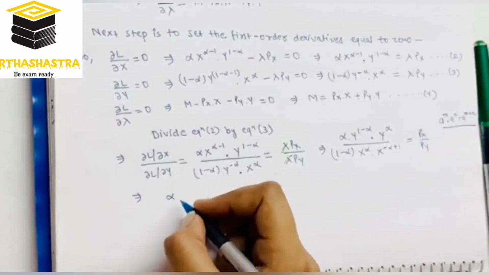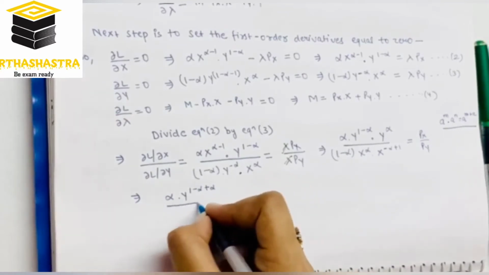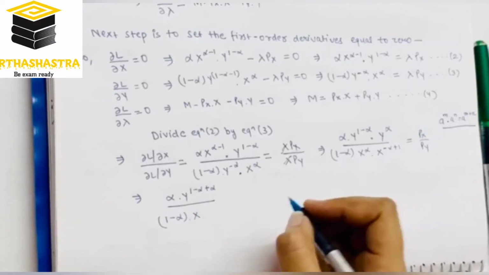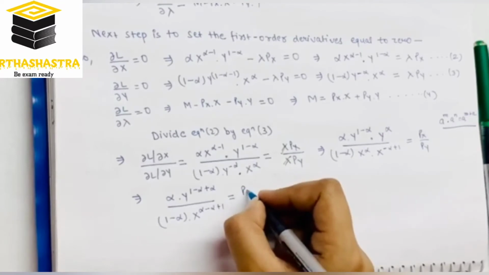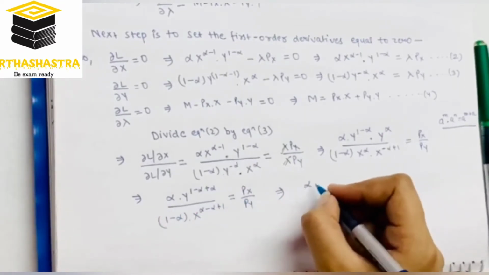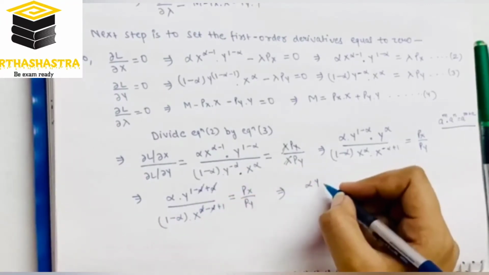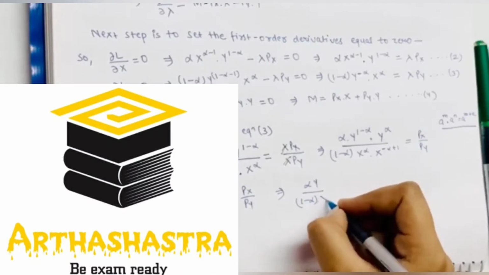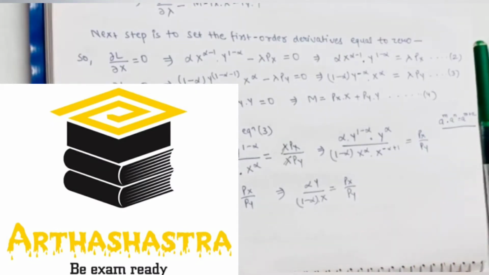We have alpha times y over 1 minus alpha times x raised to the power alpha minus alpha plus 1 equals to px over py. On adding, alpha cancels out, so alpha y over 1 minus alpha times x equals px over py.